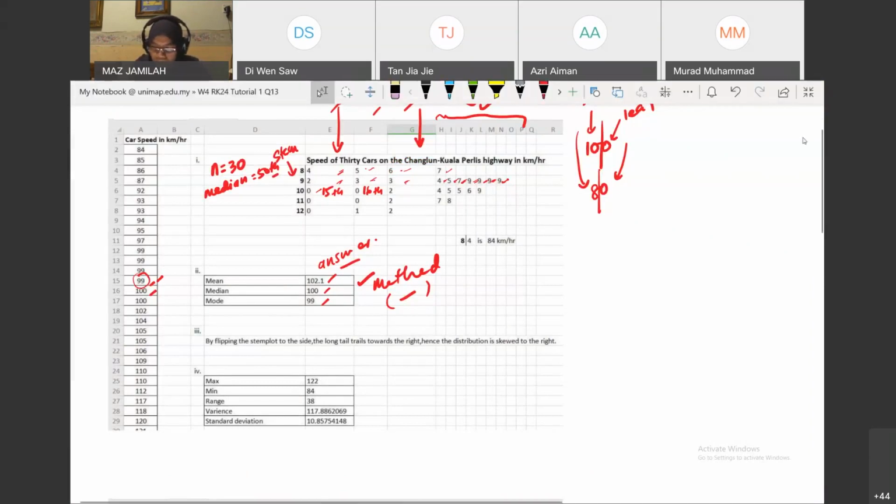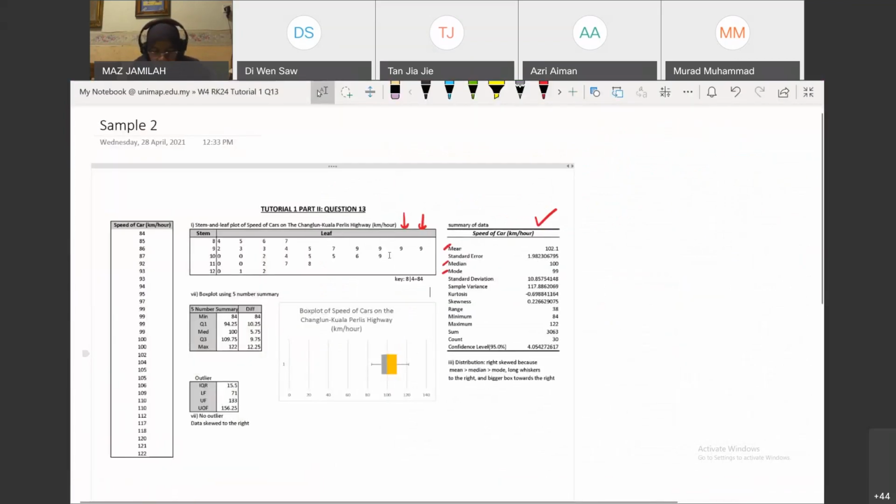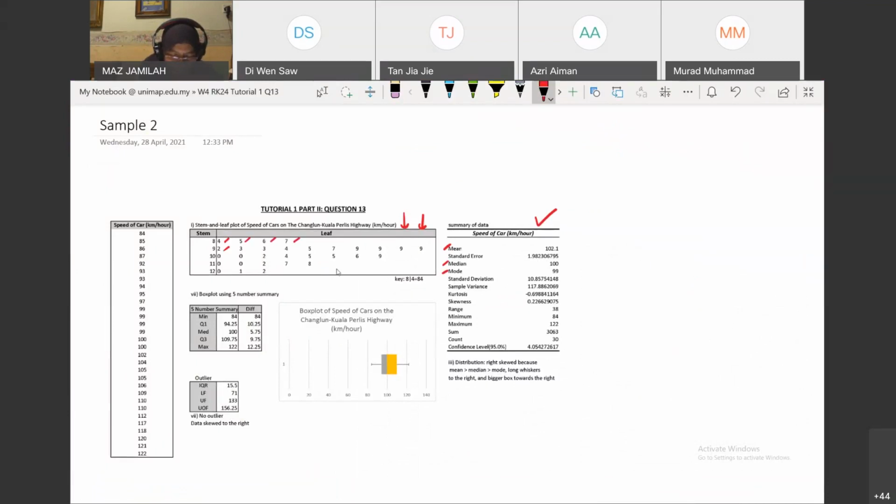So let us look at the second sample. If you were to look at this, am I going to get the same result? 1, 2, 3, 4, 5, 6, 7, 8, 9, 10, 12, 13, 14, 15. Can someone help me?